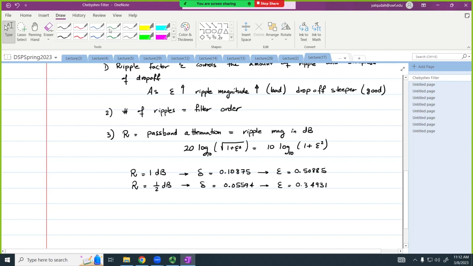And to get these numbers, let's do it for this one. If I take 1 over the square root of 1 plus 0.50885 squared, this is going to equal 0.8913, and therefore delta is going to equal 1 minus 0.8913, which equals 0.1087.